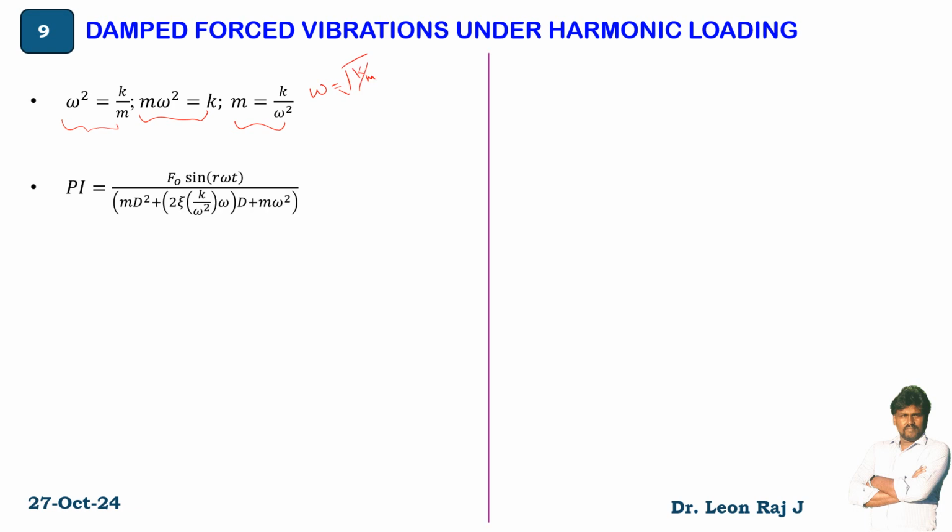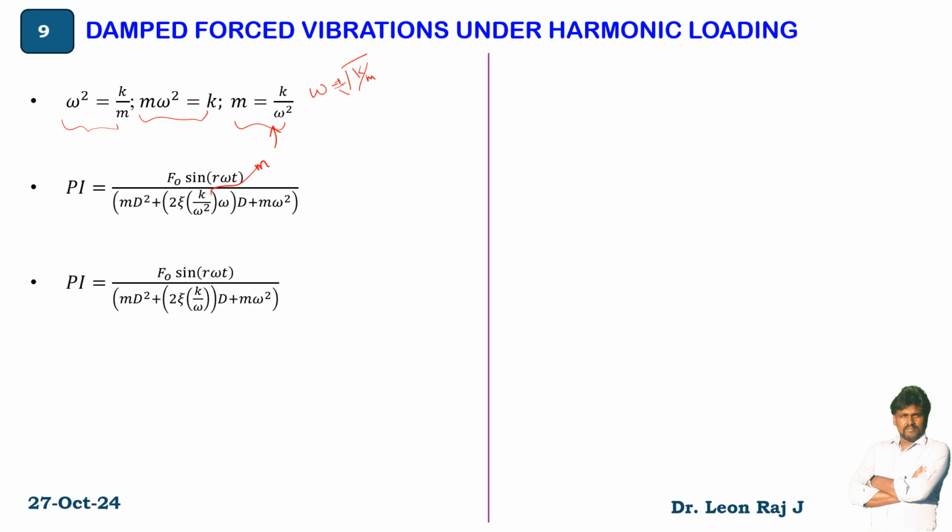So the particular integral equals f0 sine r omega t divided by m into d square plus 2 xi, with m replaced by k by omega square, into omega into d, plus m omega square.